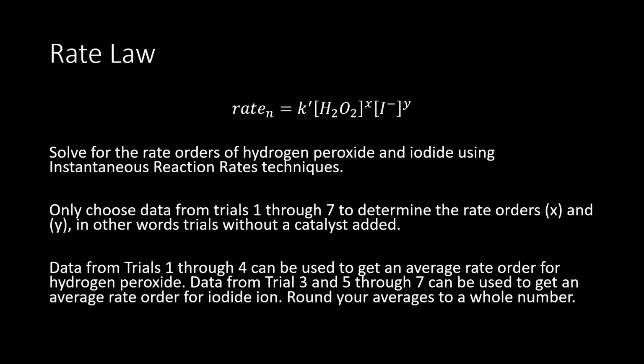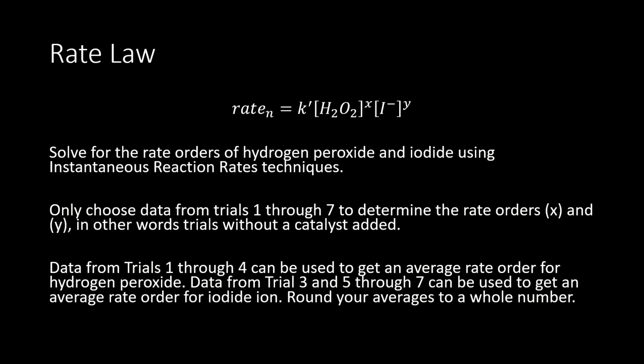And when you get your rate order averages for X and Y, basically if you see one consistent number, go with that. For example, if with a few of your trials you see 1, 1, 1 and one of your trials says 9.8, just take the value as 1. Perhaps that one trial with a weird rate order had a lot of error in it.